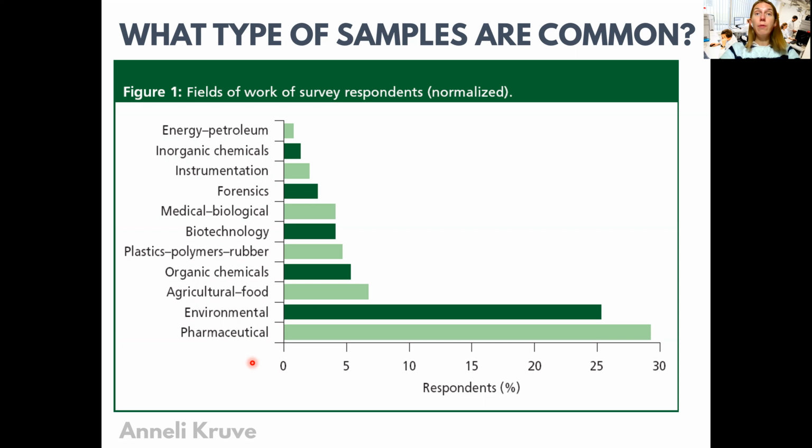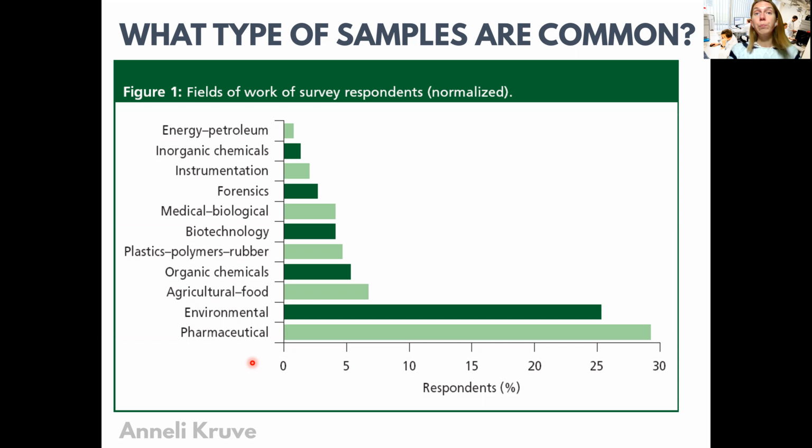And of course, this kind of information is very important when we start looking at what kind of sample preparations are important in analytical chemistry, because the samples are very much determining what kind of sample preparations we can use. And this means both what is the form of the sample, is it a liquid, is it a solid, is it a gas, as well as what types of analytes they are.